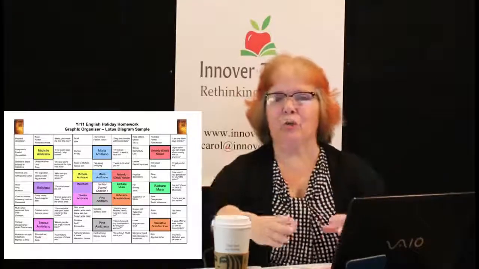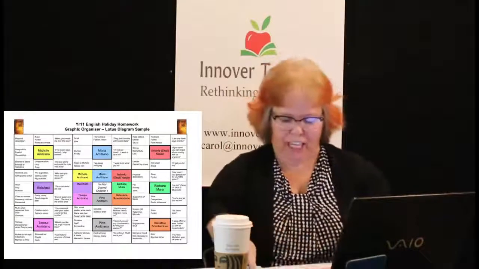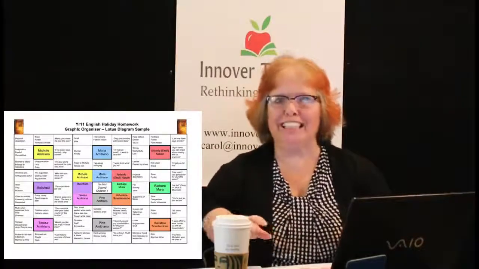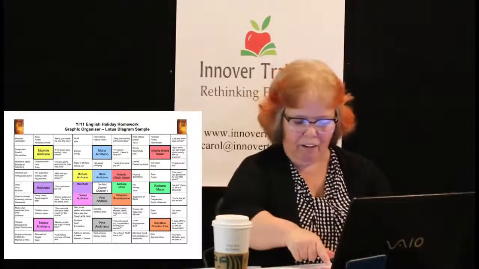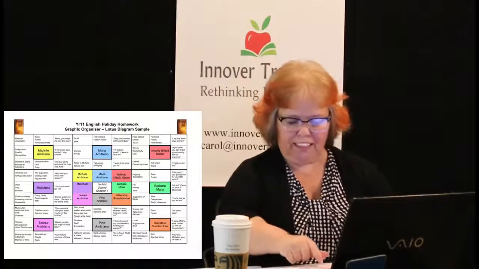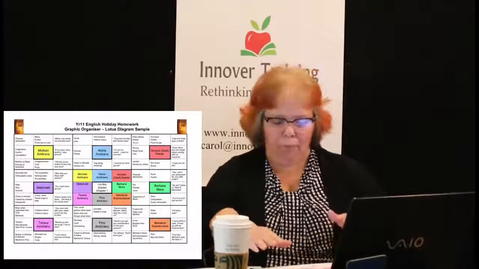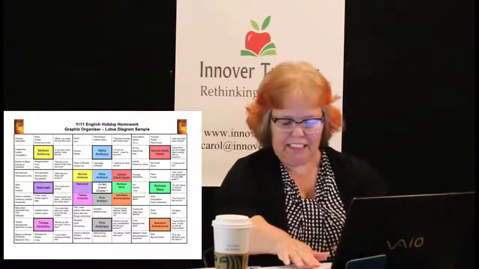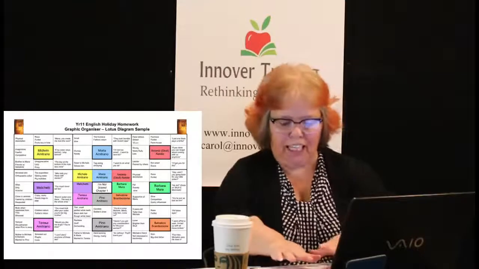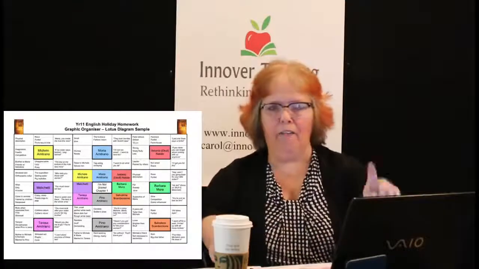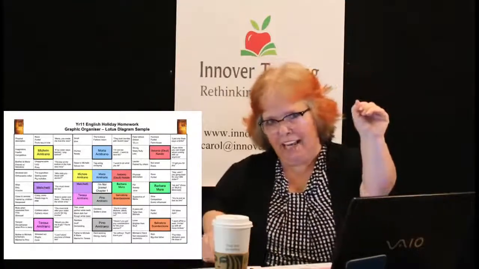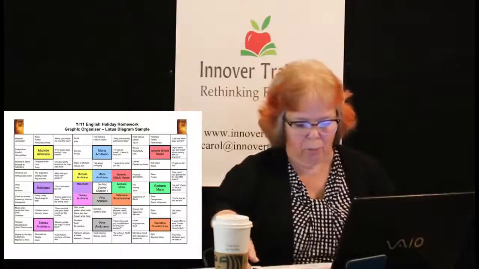So the center square, you see the different colors. They have the name of the chapter in the center, and then they have the 1, 2, 3, 4, 5, 6, 7, 8 characters. Now, what you can see is these are color-coded. So as it goes out, the upper right left hand, we have Michelle Amorano.